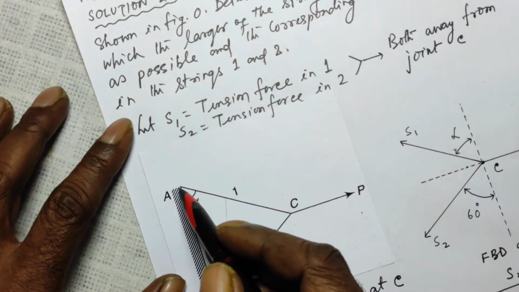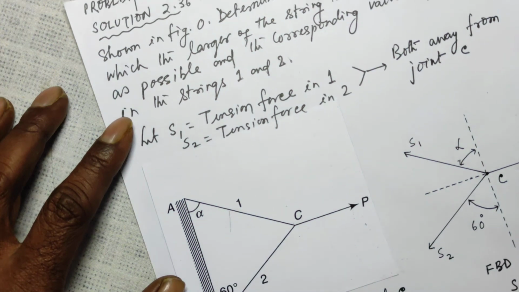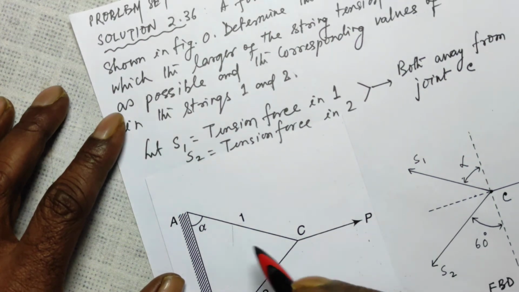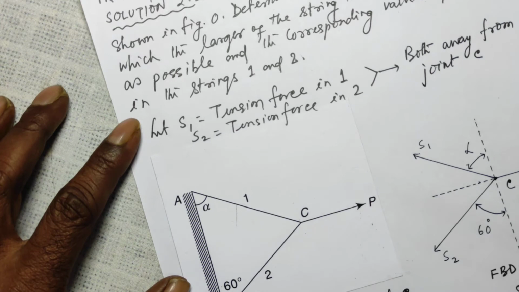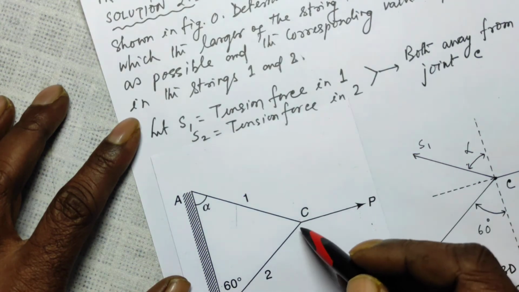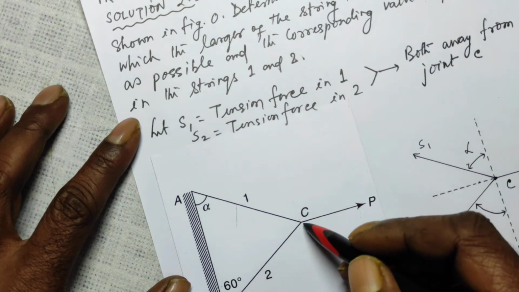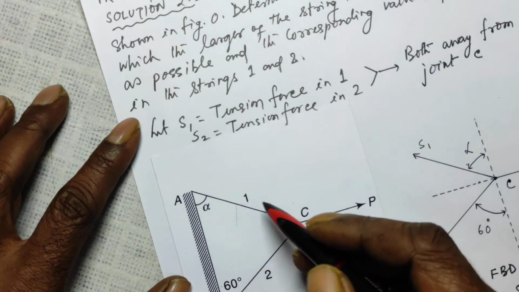Now, this is string 1, this is string 2. You are pulling with a force P to this side. Since 1 and 2 both are strings, there will be a tension force, an axial force. For string 1, this is the joint; for string 2, this is the joint. Let S1 be the tension force in string 1.